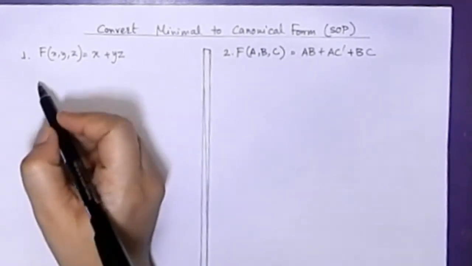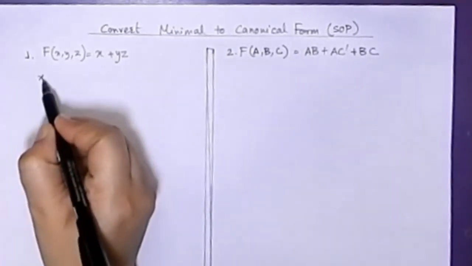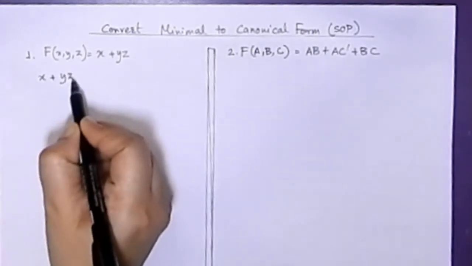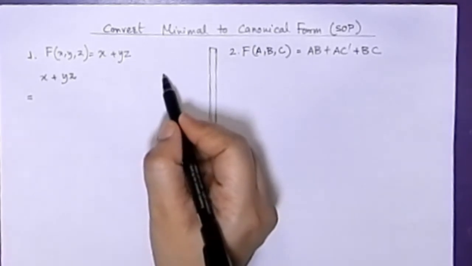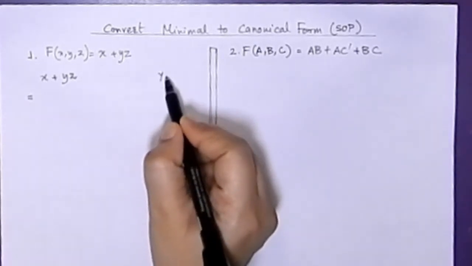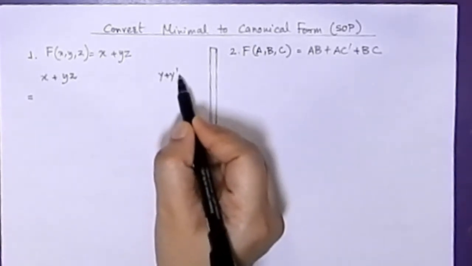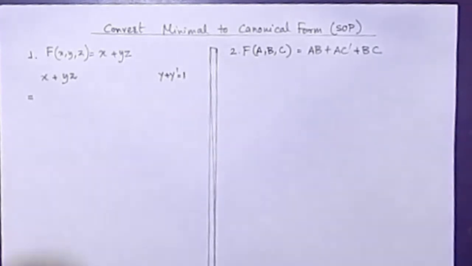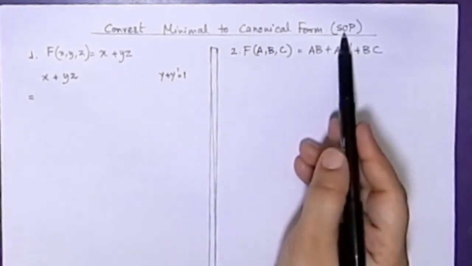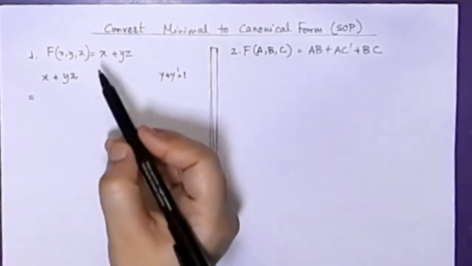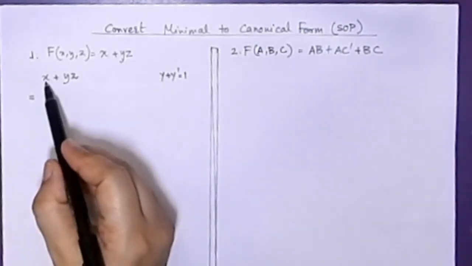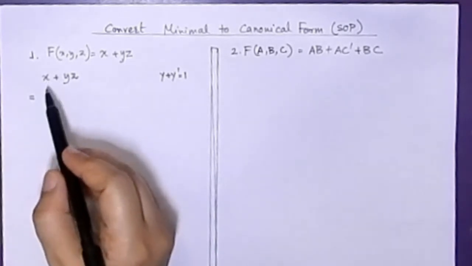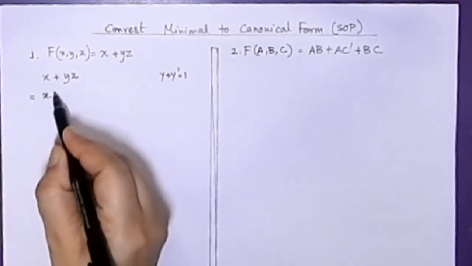So let us write down the question once. x plus yz. Now what we are going to use here is this law, that y plus y dashed is equal to 1. Now see, this is the SOP form, so it is sum of products. So each term is a product term. Now in order to keep this product term unchanged, it should be multiplied with 1.